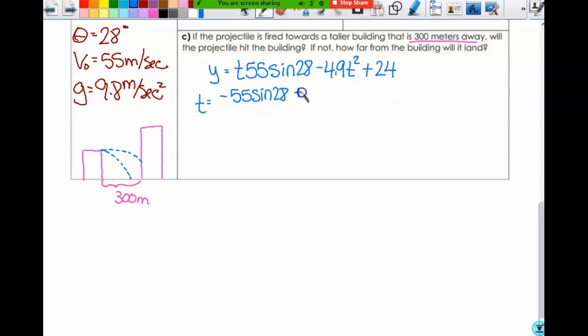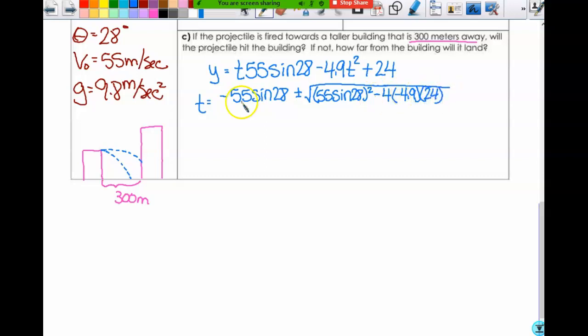Negative b plus or minus the square root of b squared. So that's 55 times the sine of 28 squared, minus 4 times a, which is negative 4.9, c times 24.